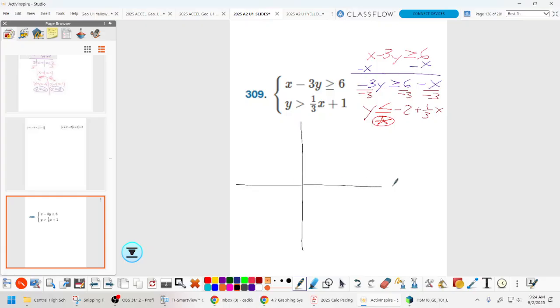And let's do blue maybe for this one. Where does this one start? At 1. And what's the slope? Dashed or solid?